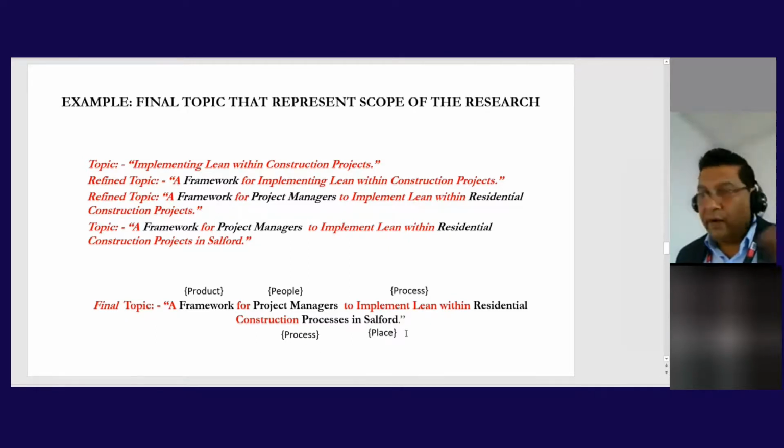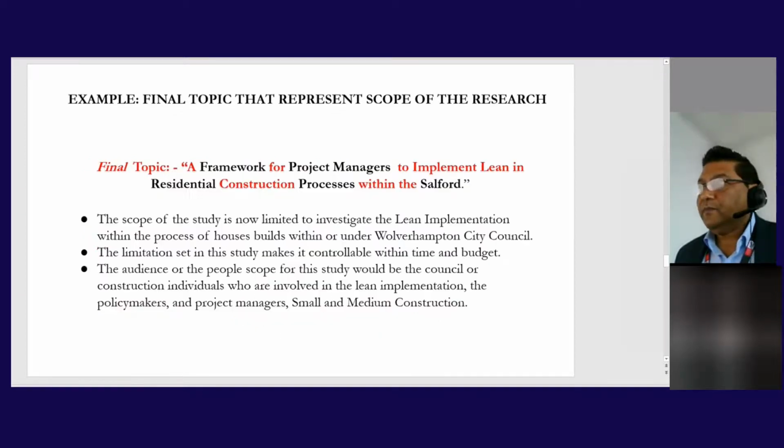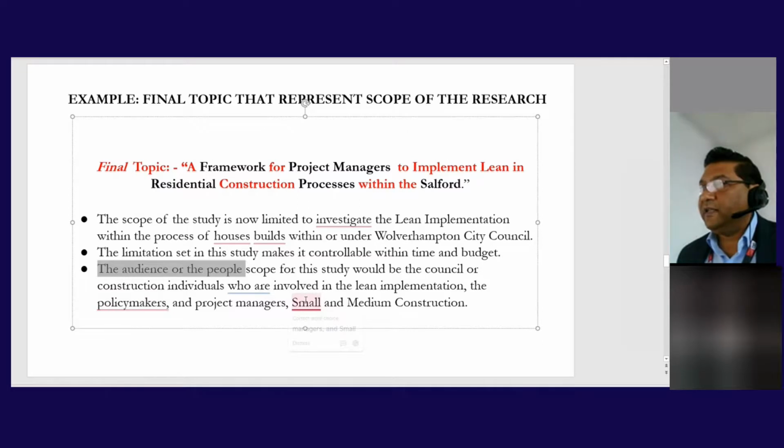I'm not saying you must do that, but I would say doing that will give you much more clarity about your research. After that, you have the scope, you have the limitation, and you need the audience: the policymaker, project manager, small and medium construction enterprises, and lean implementation as well. So you have all these ideas beforehand.